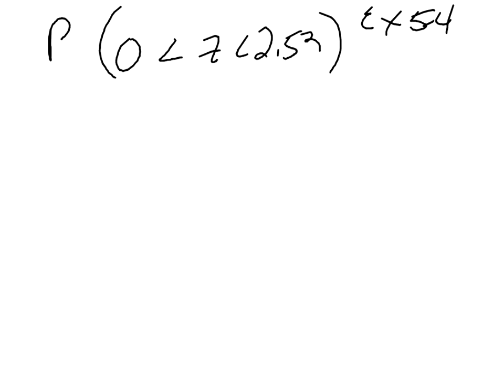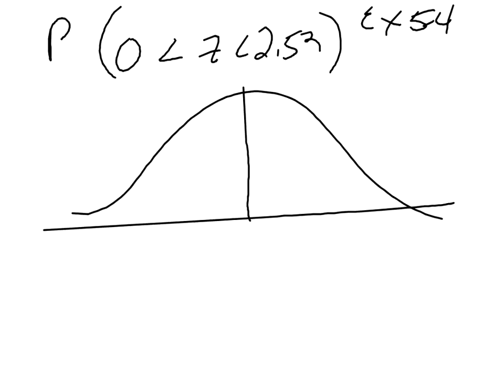This is example 5.4. And we want the area, but we're going to call it the probability of a z that's bigger than 0 and less than 2.53. Okay, let's draw a picture of that. Always draw a picture.